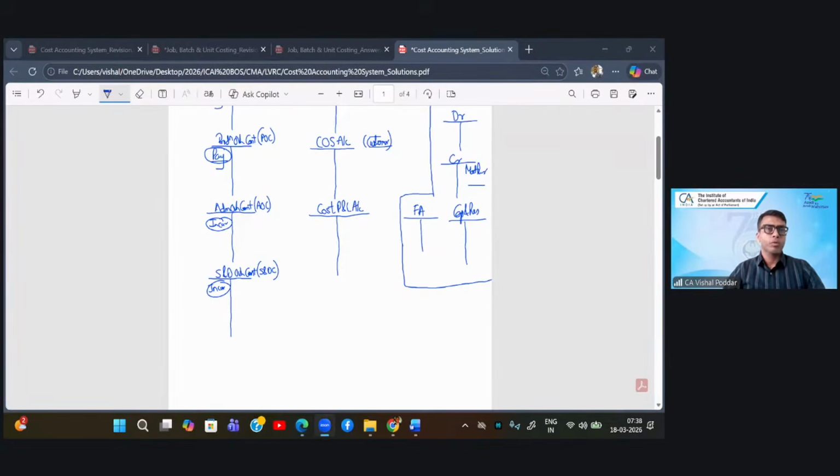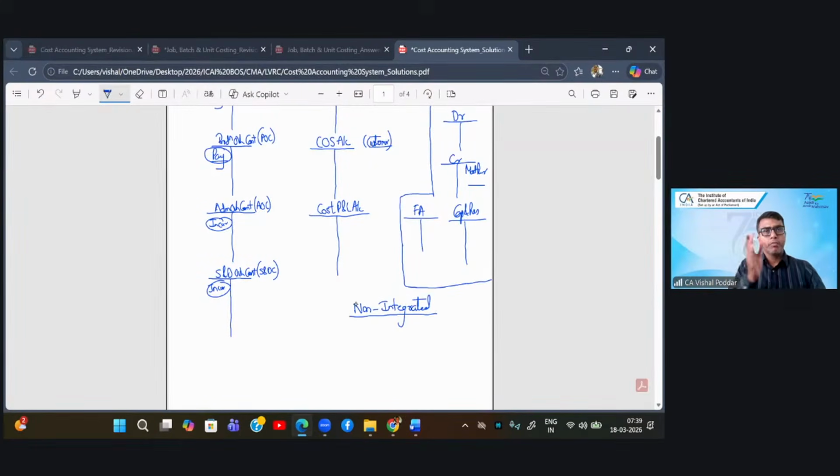So what we follow in real life is the non-integrated method. Now in the non-integrated method, what is non-integrated? Financial books and cost accounting books are independent. So here, what we are studying is only your cost accounting books, because financial books are maintained separately in the manner you have studied from standard 11.